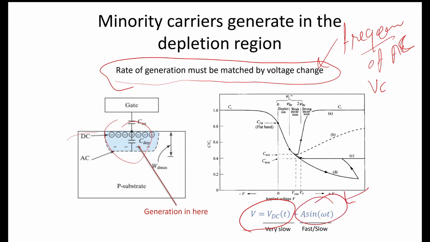The frequency of this voltage decides which curve will be there in the CV measurements. If it is too fast, then the CV characteristics will be like this. If it is slow, so that it matches the generation rate of the electrons, then this will be the curve.